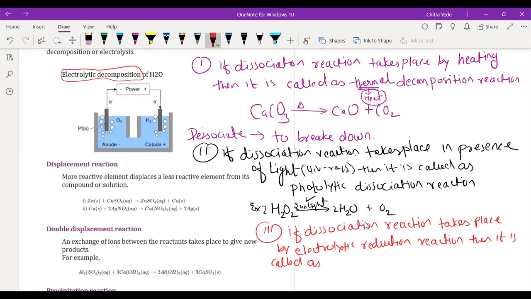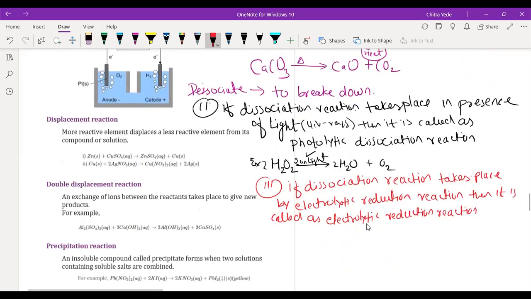Okay, then it is called as electrolytic reduction reaction. Okay, we will understand with the help of an example also.